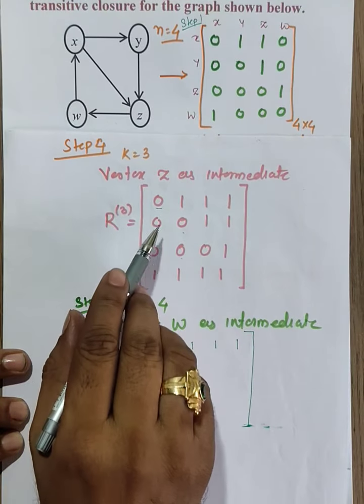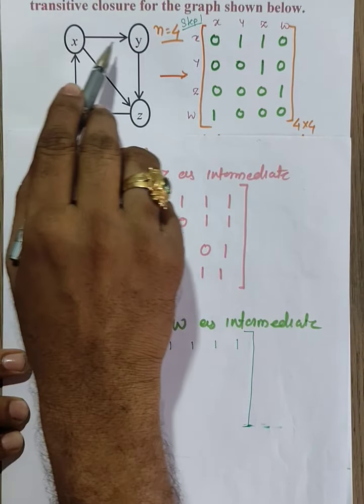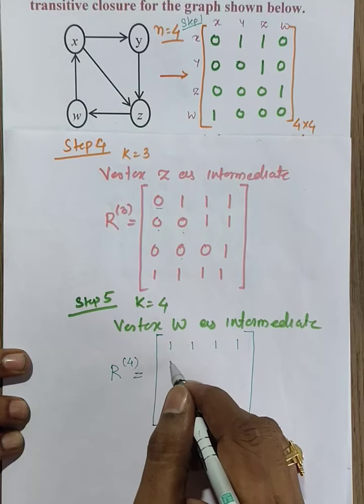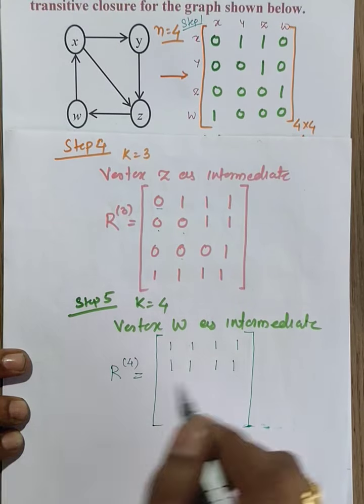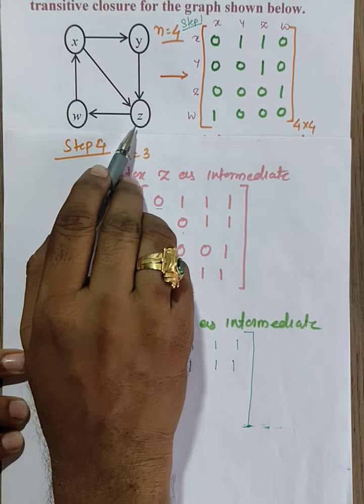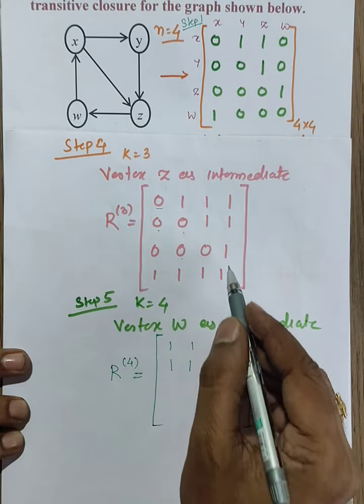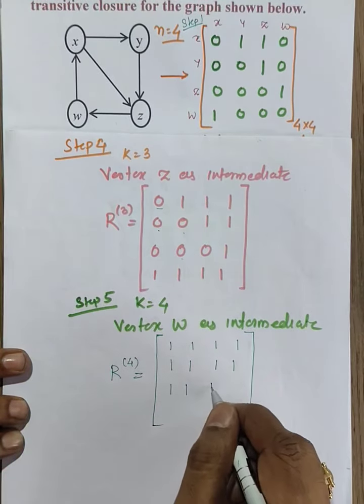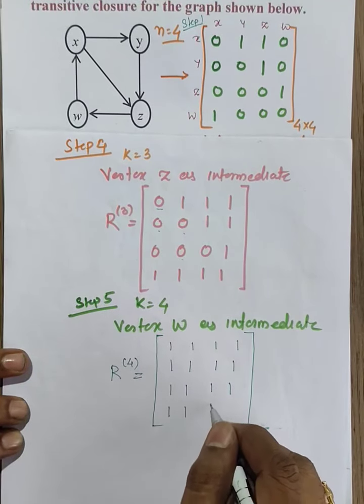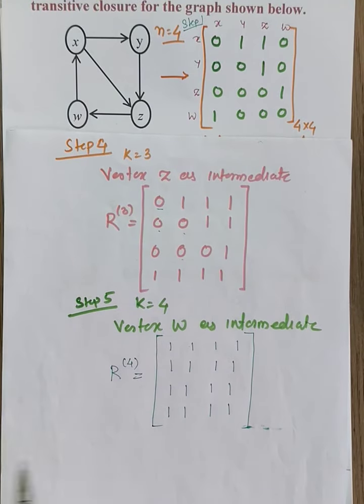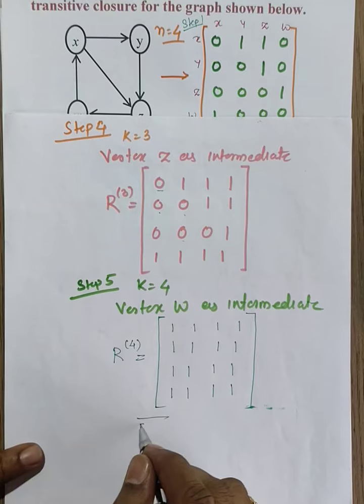Here this is y to x, y to y, must 1 1, previous 2 1s again. The next z to x, z to y, z to z, z to w already 1 is there. Now these are all 1s, and the w row already 1 is there. This is the last step. You have to solve up to this.